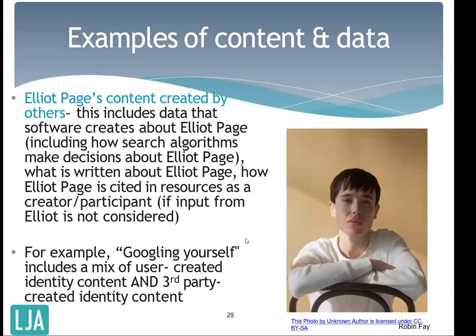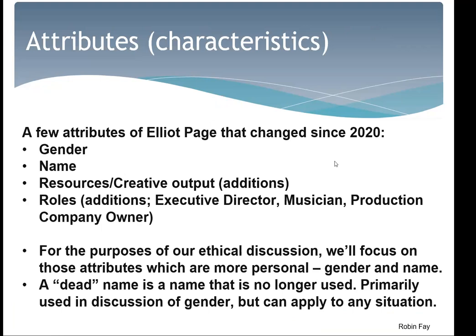So content others created, maybe if you've purchased something, if you were in a newspaper article, if you went to an event and you were recorded as an event participant, all of that kind of stuff falls into that category of things created about us.